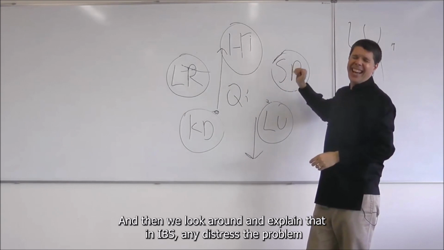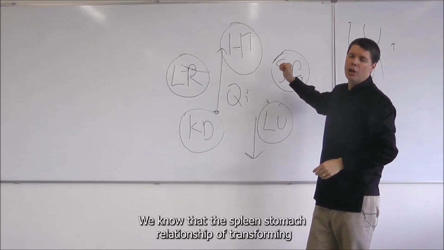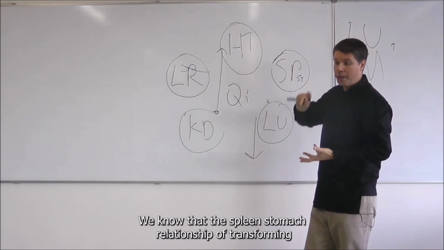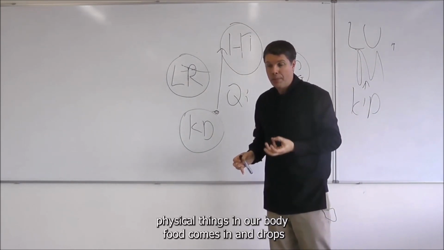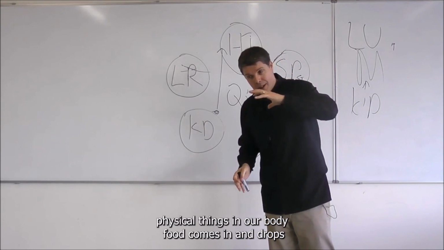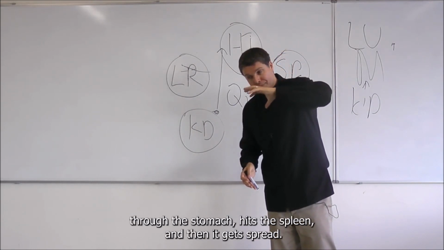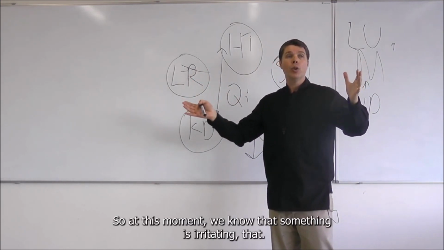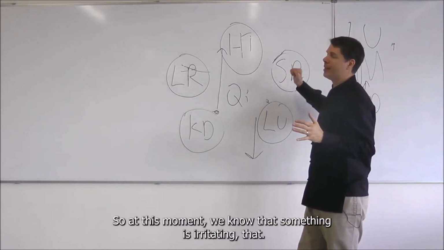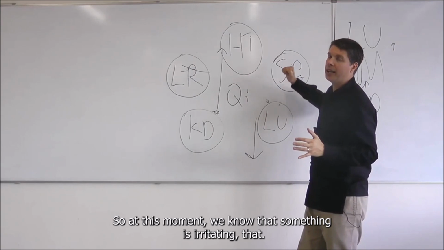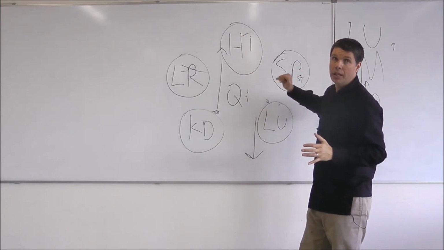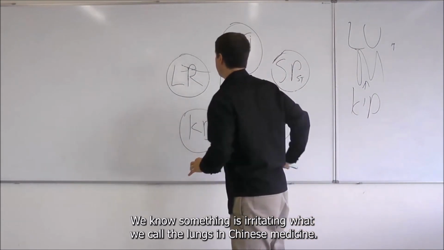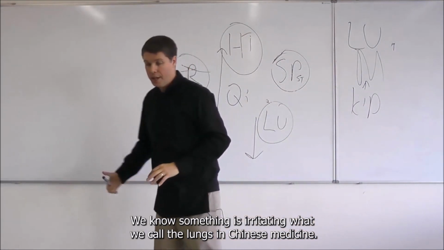In IBS, any digestive problem, we know that the spleen-stomach relationship of transforming physical things in our body. Food comes in and drops through the stomach, hits the spleen, and then it gets spread. So at this moment, we know that something is irritating that. In skin problems, we know something is irritating what we call the lungs in Chinese medicine.